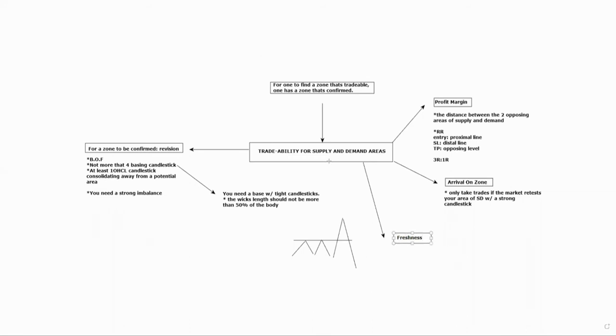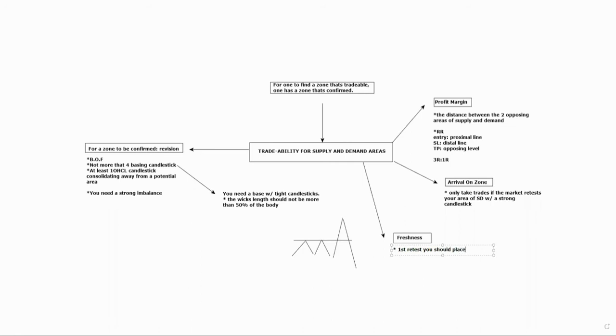Basically, on the first retest, if you have a strong arrival, a good profit margin, and it's been confirmed, you should place a limit order for those sniper entries.